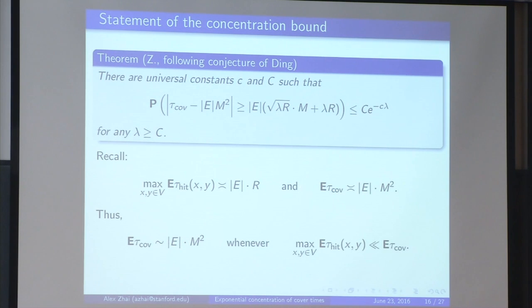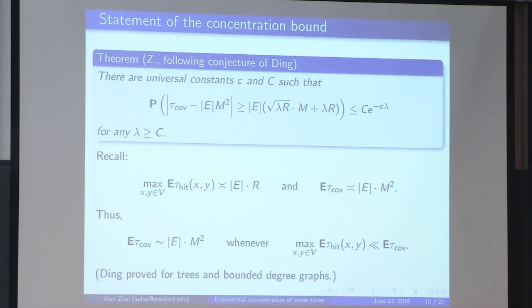An implication of this is that the cover time is concentrated around e m squared as long as the hitting time is much less than the cover time. Ding actually already proved this for trees and bounded degree graphs.